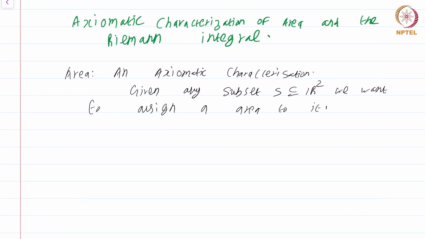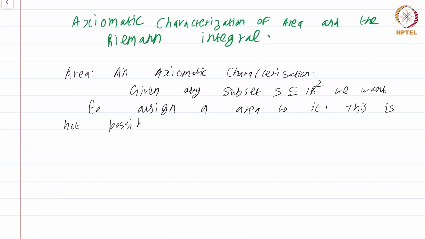So in an ideal world, given any subset of R2, you should be able to figure out what the area is. But things are never so ideal in mathematics. What happens is, for deep set theoretic reasons, this is not possible.